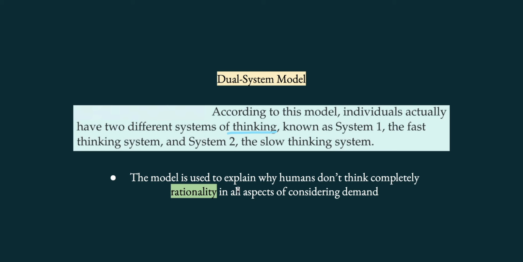But this model is used to explain why, that big question, humans don't think completely rationally in all aspects of considering demand. So now that we've listed all 4 of the assumptions of demand and all 4 reasons why these are assumptions and they're not realistic, we have to look at specifically why these assumptions are not feasible. So we'll be looking at the dual system model and the 2 systems that provoke it.